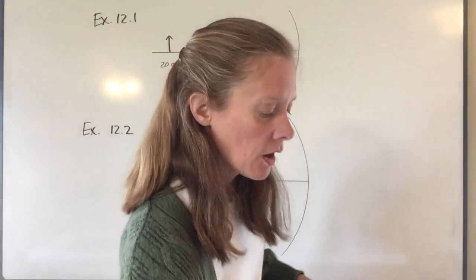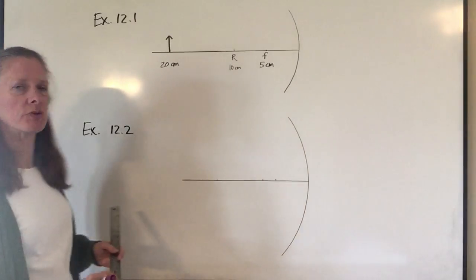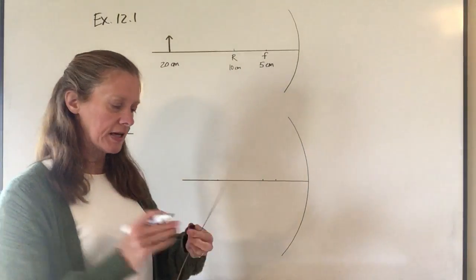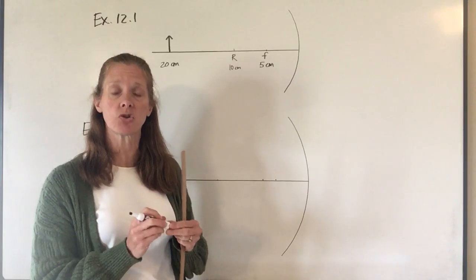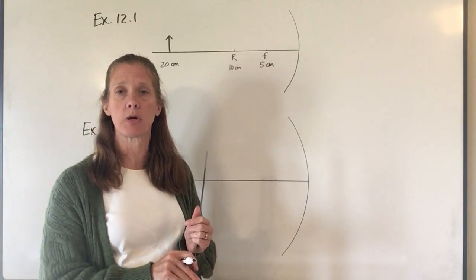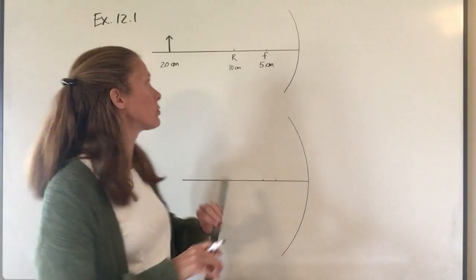As we've already talked about, any horizontal light ray that's going into the mirror is going to be reflected back through the focal point.